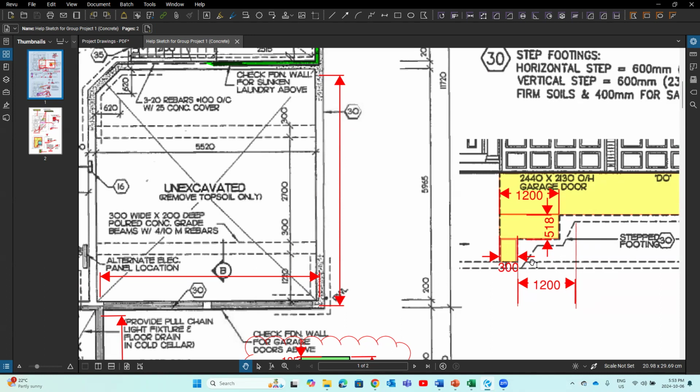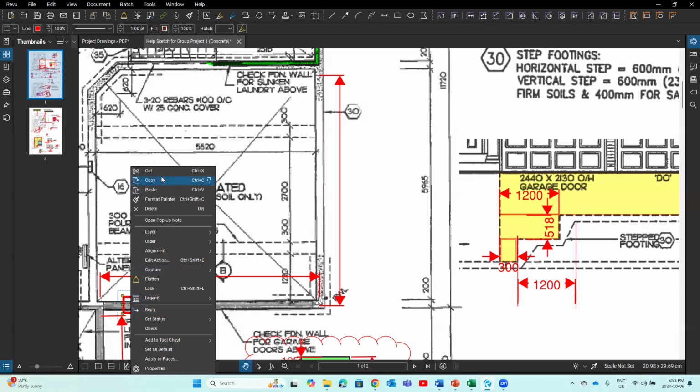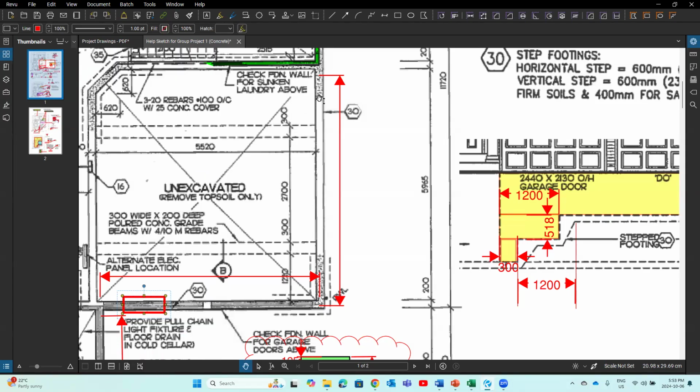So this footing here, if I highlight that, I have one piece around here. We're talking about footing. One is this, and I have another one. This side, step footing.